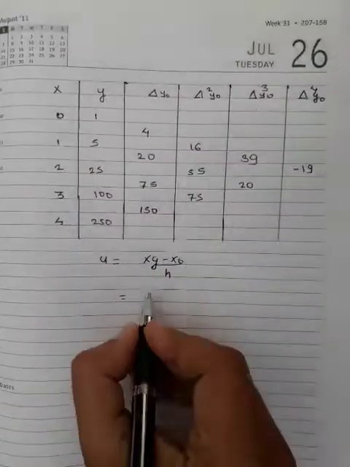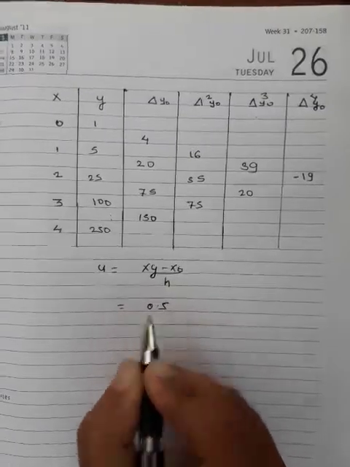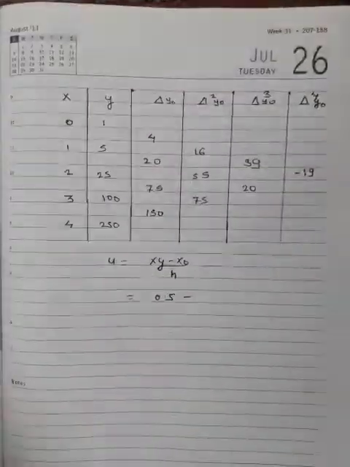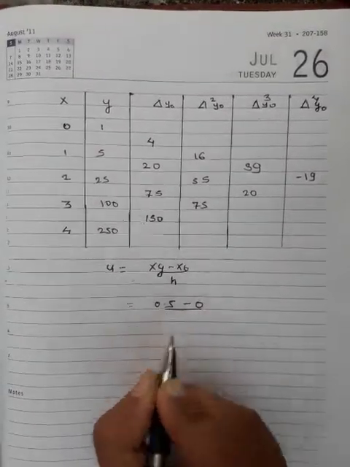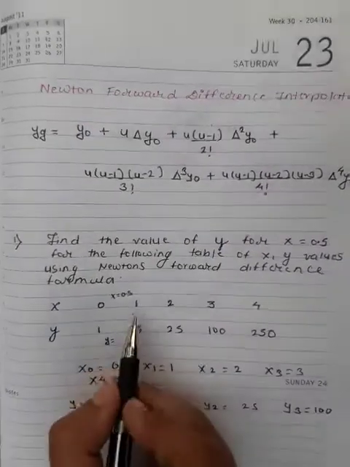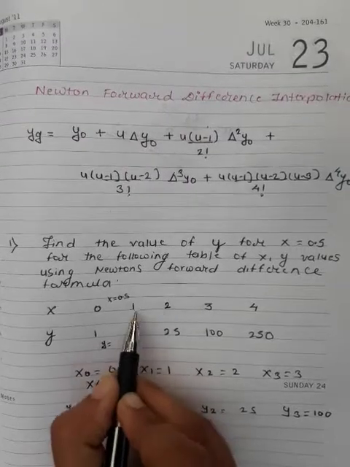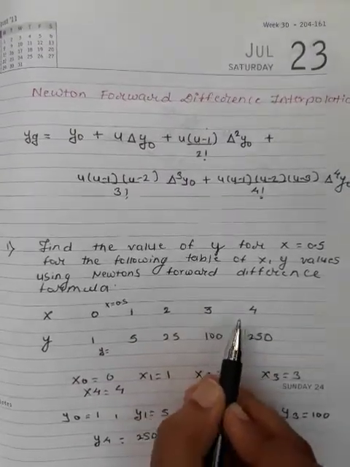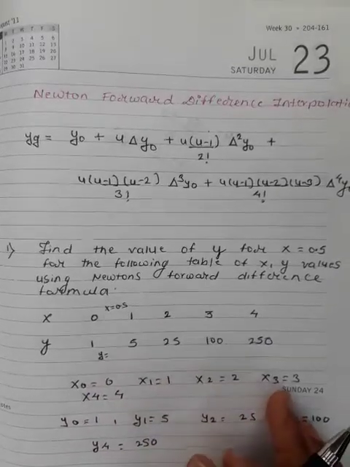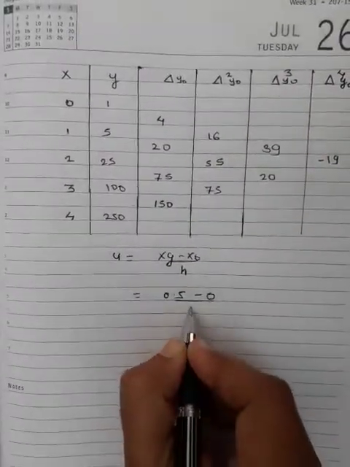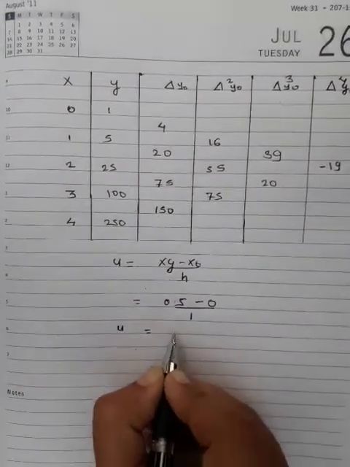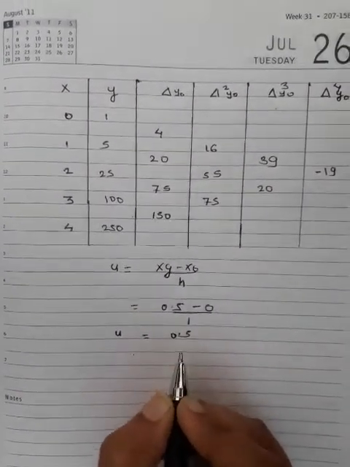So 0.5 minus x0, our first value, that is 0. And what is h? 1 minus 0 is 1, 2 minus 1 is 1, 3 minus 2 is 1, 4 minus 3 is 1. So h is equal to 1. In this way you calculate the value of u, so u is equal to 0.5.